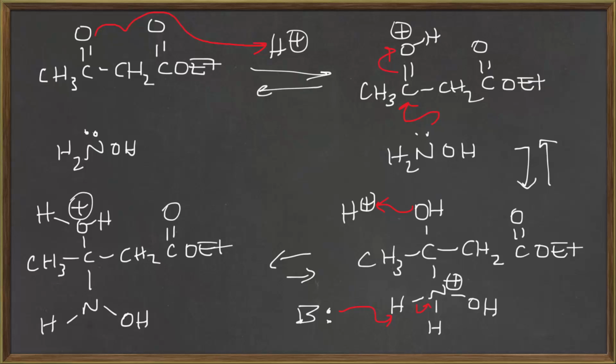I've made a good leaving group. When I have a good leaving group on the same carbon as something with a lone pair, I think you know the routine. You're going to push that guy out, and that is going to take us to a next page.